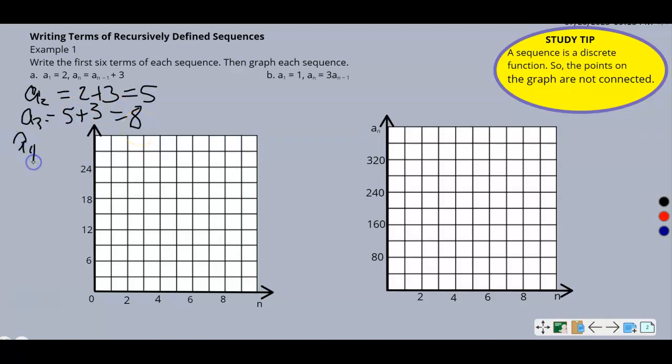A sub 4 equals my previous term, which now is 8, plus 3. See how easy that is? So 8, 9, 10, so this is 11. And then a sub 5 equals my previous term, 11 plus 3, which is 14.